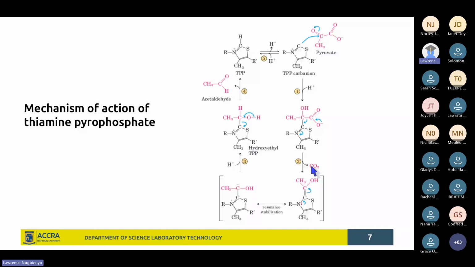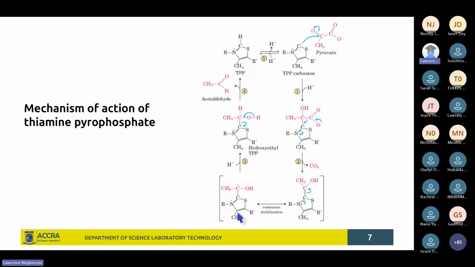And thiamine pyrophosphate is acting as a coenzyme. And so this is a function of the coenzyme here now, that the coenzyme is giving that stability to the substrates for the reaction to occur on it. Decarboxylation, and you have carbon dioxide given out. From there on, you are left with these resonance forms.